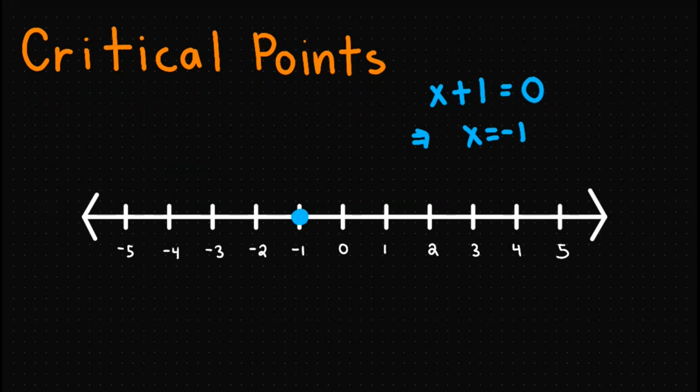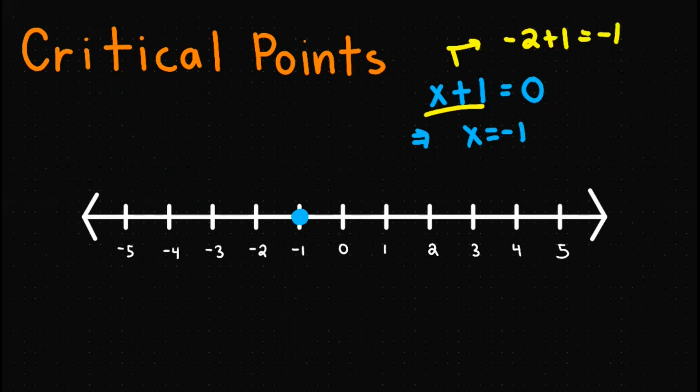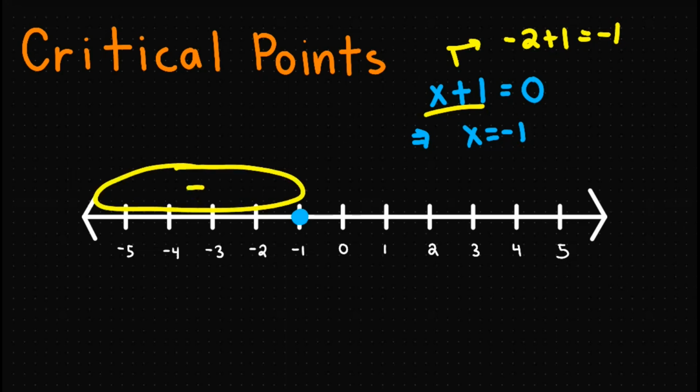Essentially, critical points are the points of change of signs. If you plug in values from the left, say negative 2, the expression becomes negative 2 plus 1, which is negative. And that is true for all the values out here, so we say that this region is the negative part.